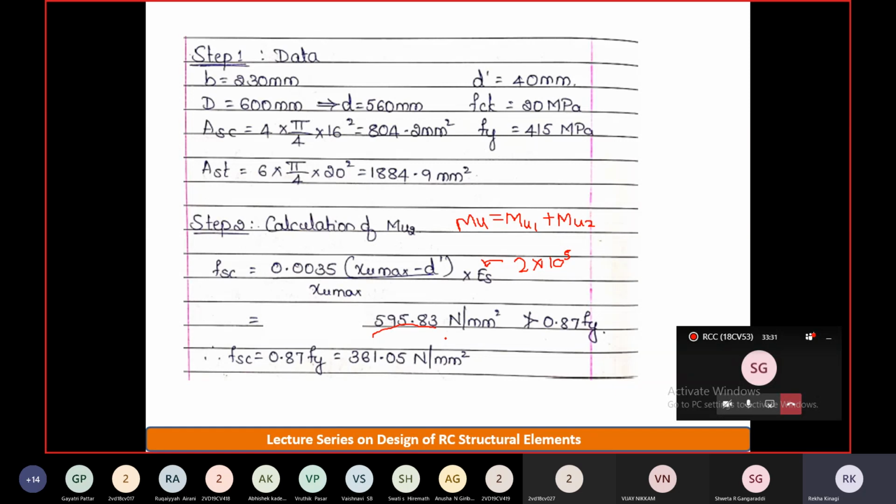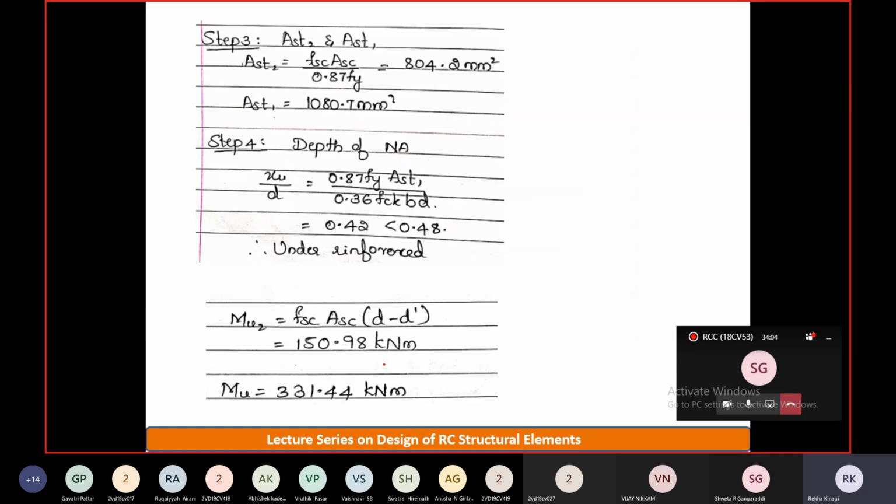But again, as I said in the previous numerical example, we need to check whether this value which we have got is more or less than 0.87 Fy, because the value of FSC should never be more than 0.87 Fy. Make it a note. So let's compare the value of FSC with 0.87 Fy. 0.87 Fy is nothing but 361.05.